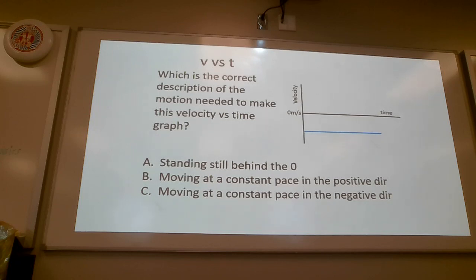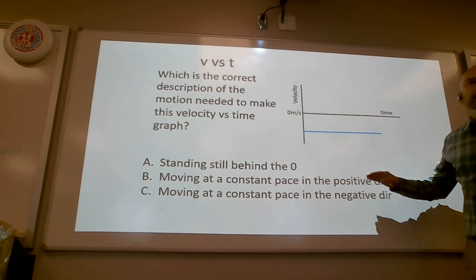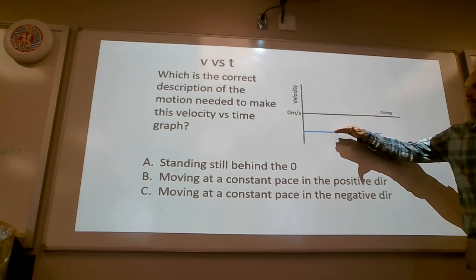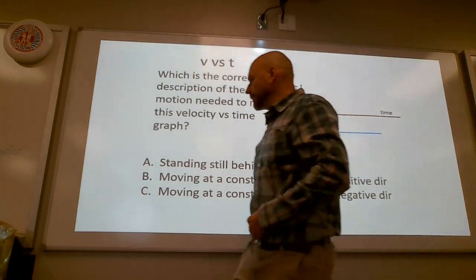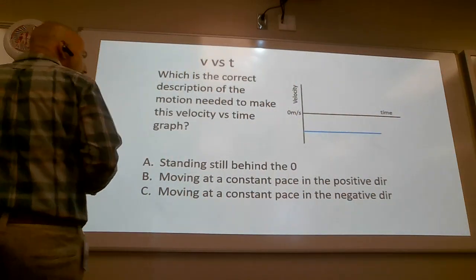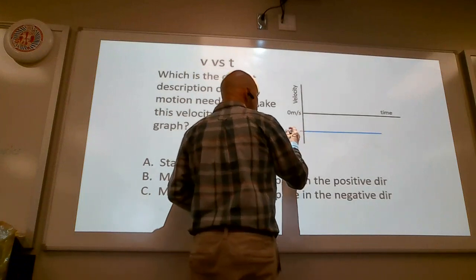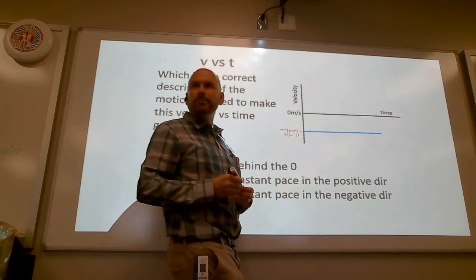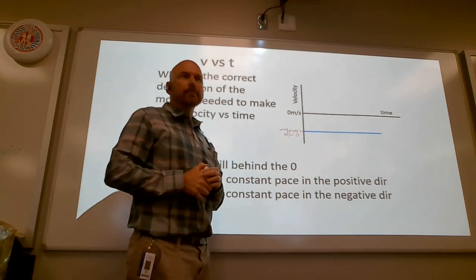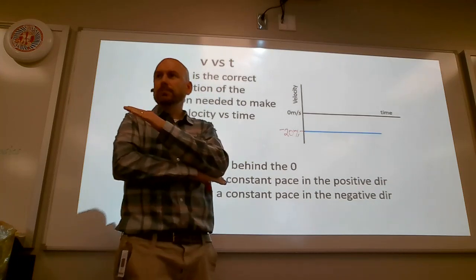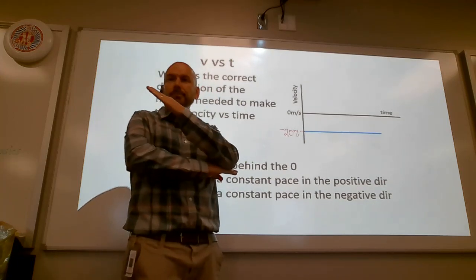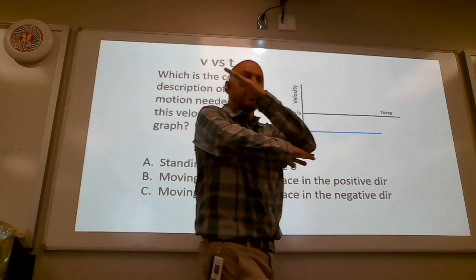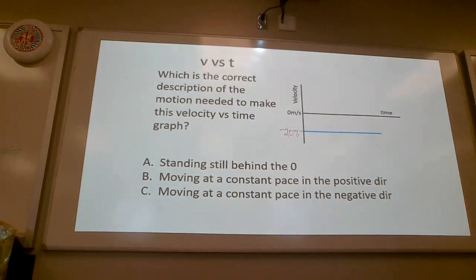Correct answer is C. This means you have some negative value. Your speedometer is on cruise control. It's fixed at a certain speed, 20 meters a second.